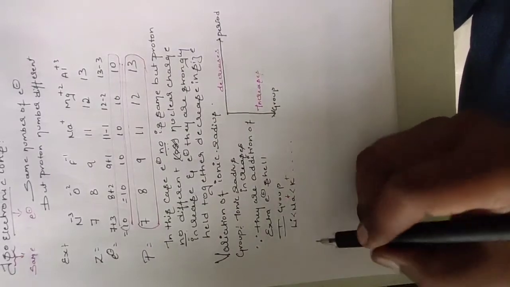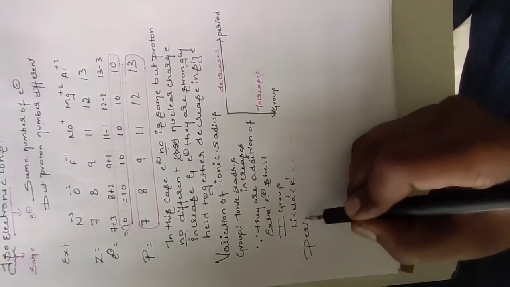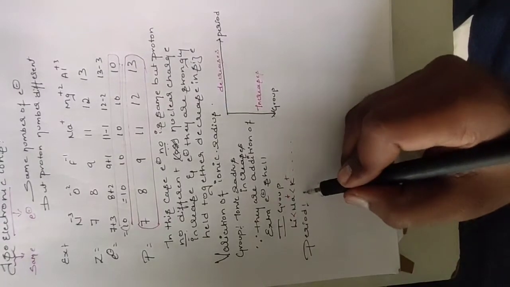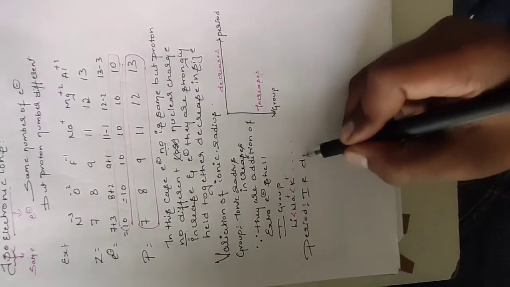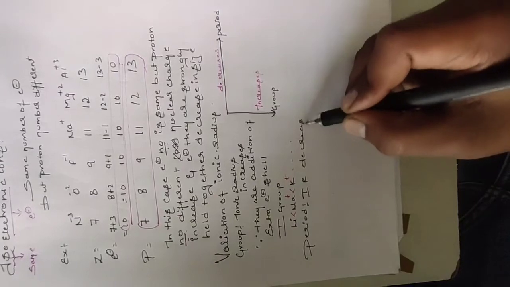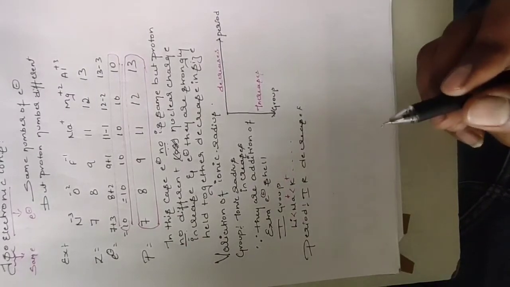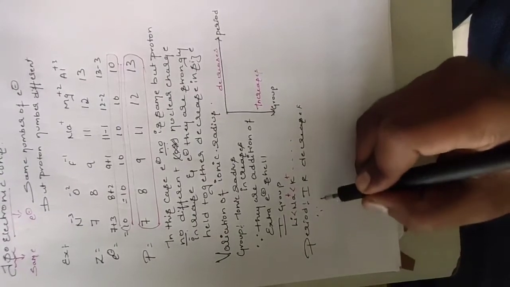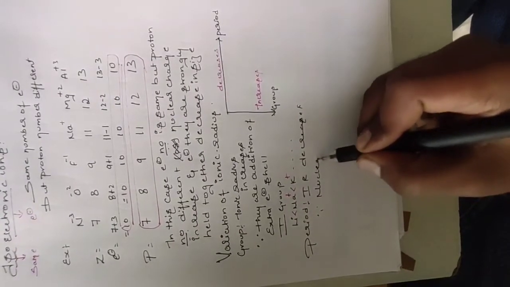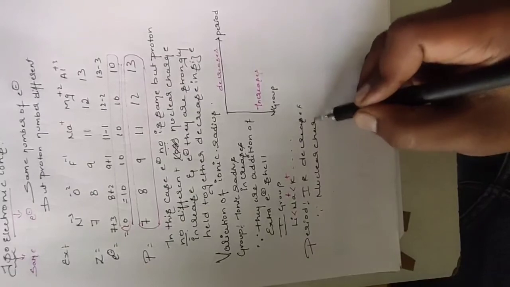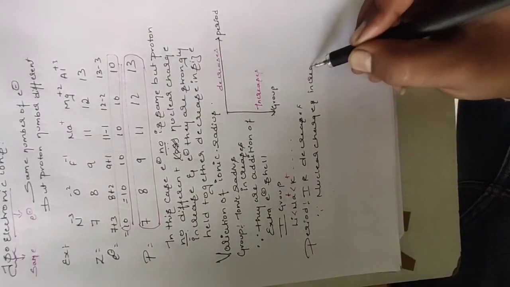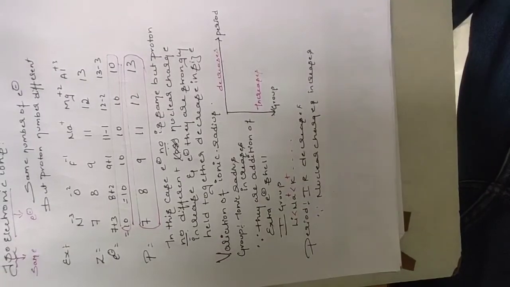Okay, then we're going to talk about period. The ionic radius will decrease because the nuclear charge increases.